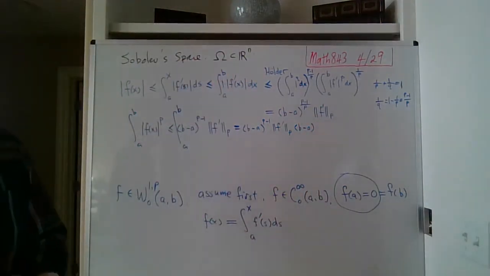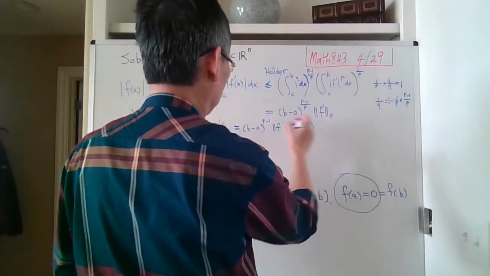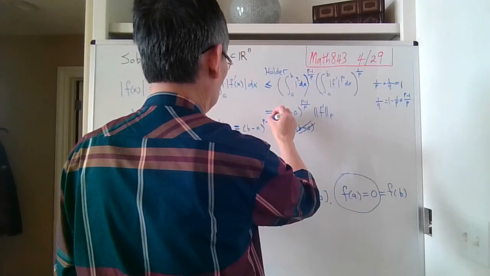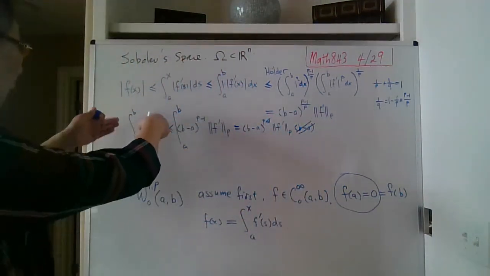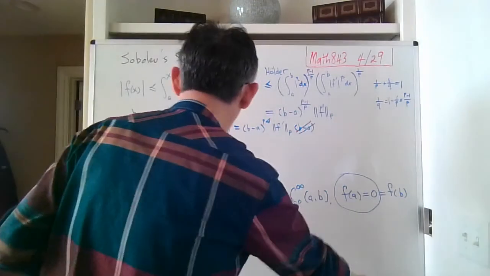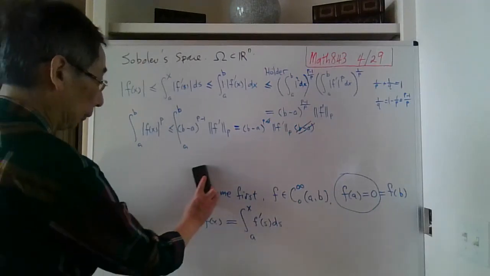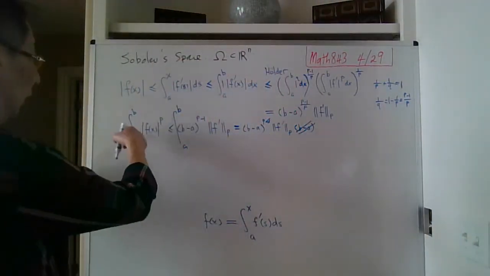Okay, so this is another b - a, so it can combine with this one, and it's cancelled with the 1 here. So you get that estimate, okay? And then you take the L^p norm, the L^p power, on both sides.